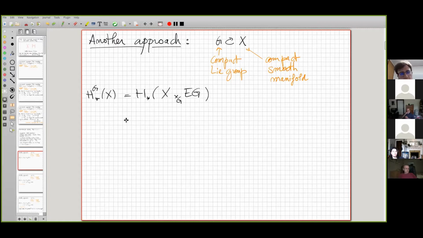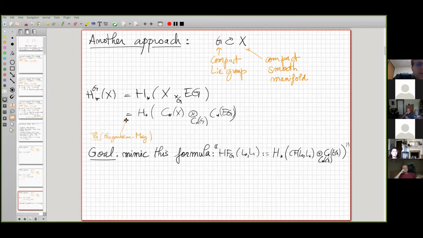Okay, so before quotienting by G, you take the product with EG. And then there's a theorem by Moore and May that tells you that this is actually the same as the homology of the tensor product of the chain complex of X and the chain complex of EG over the chain complex of G.